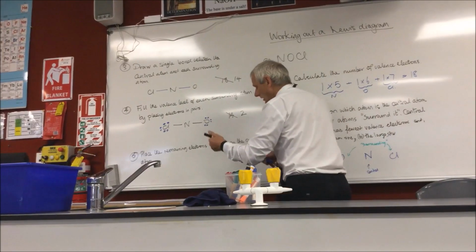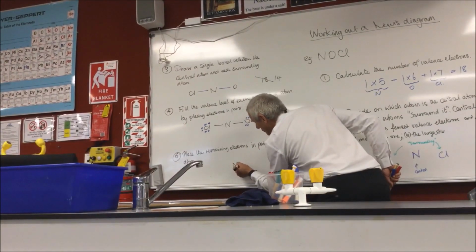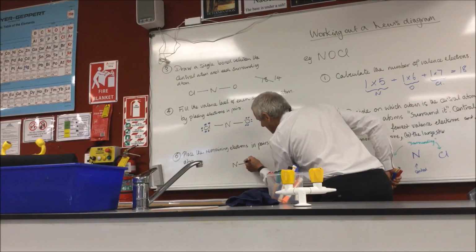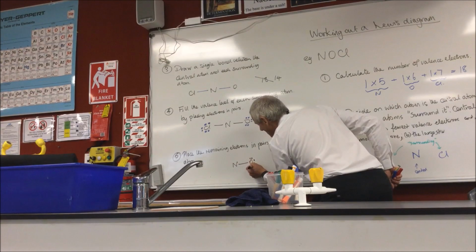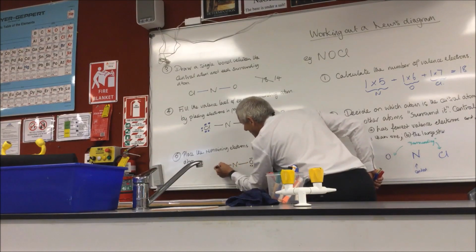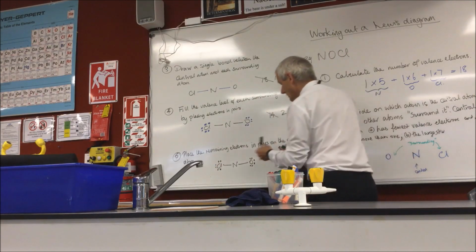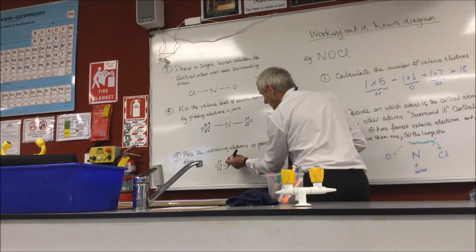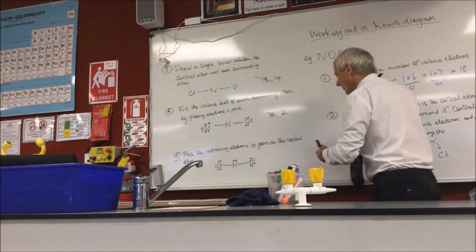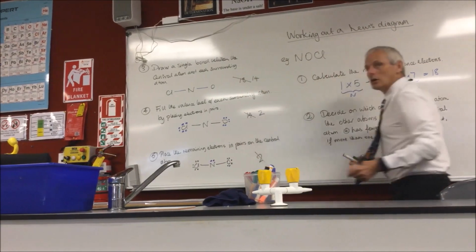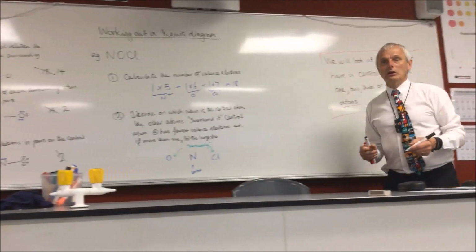So the next thing is we need to put those 2 remaining electrons on the central atom. So we're going to put our 2 remaining electrons there. So we now have no electrons left.